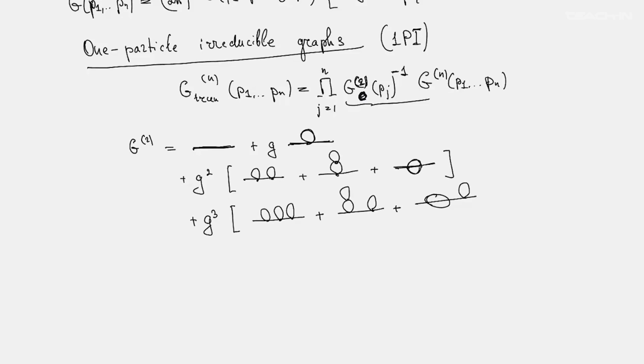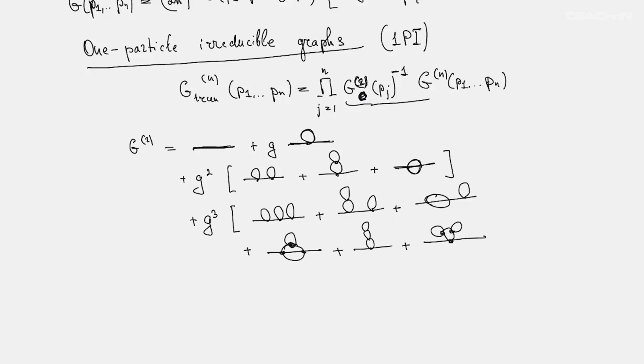Also 3 vertices, plus this. This is a cactus diagram, if you wish. Then there is a Mickey Mouse, like this. This is the collection of diagrams that you get at order g cubed.